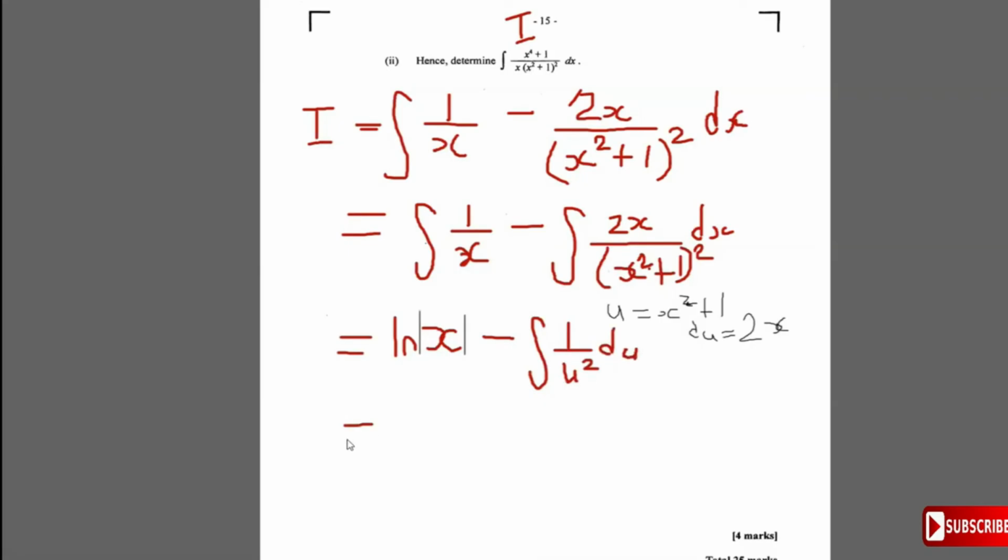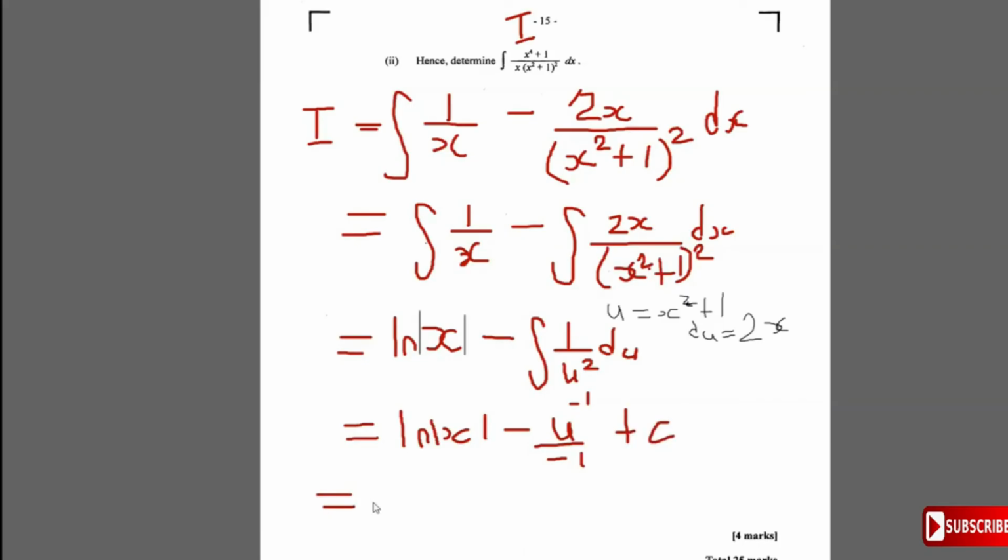And so what I'm getting is ln mod x. Now to integrate u to the minus 2, we add 1 to the power, which gives u to the minus 1, divided by minus 1, plus c. Now substitute back what was u.